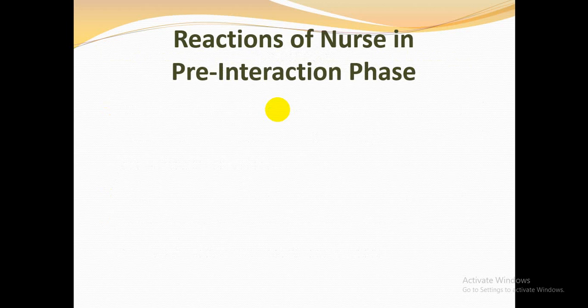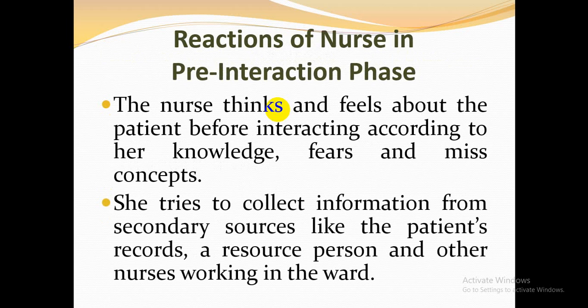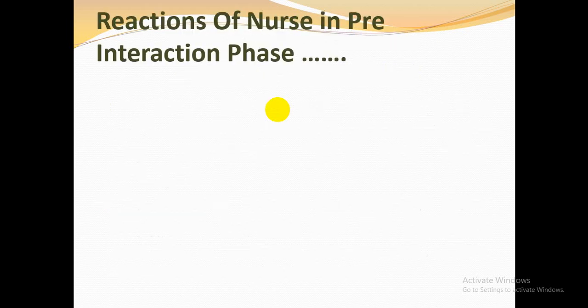Reactions of the nurse in the pre-interaction phase. The nurse thinks and feels about the patient before interacting according to her knowledge, fears, and misconceptions. She tries to collect information from secondary sources like the patient's records, a resource person, and other nurses working in the ward.